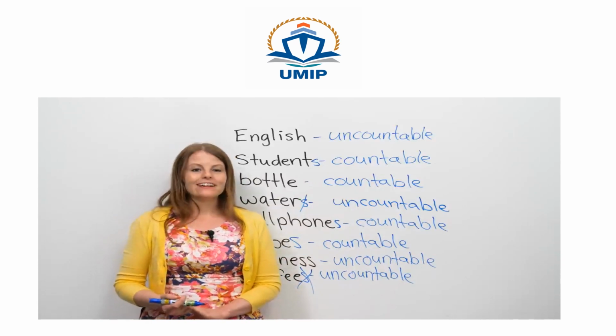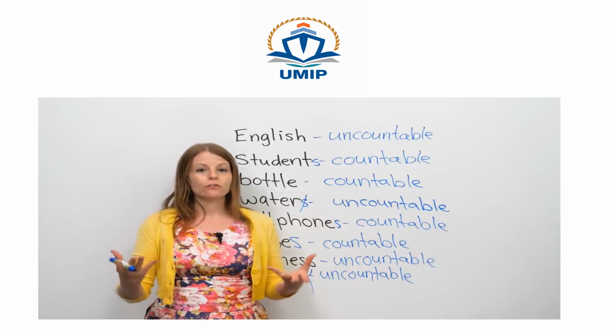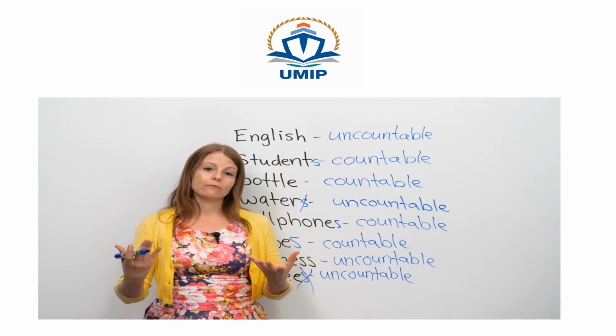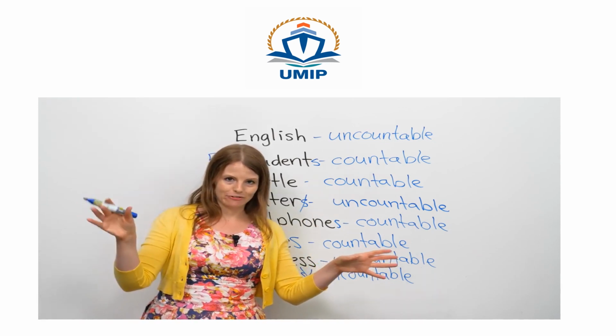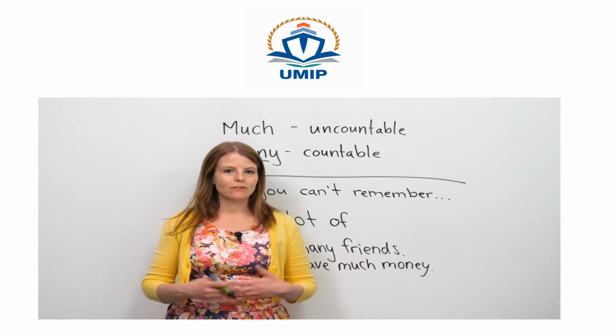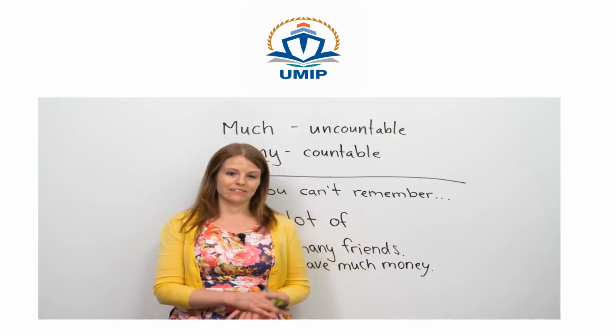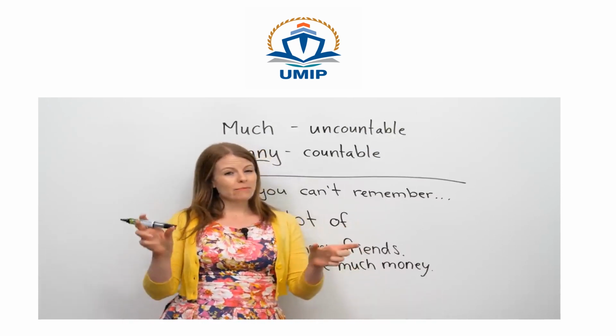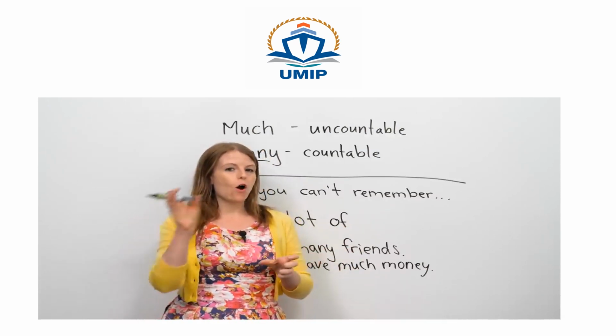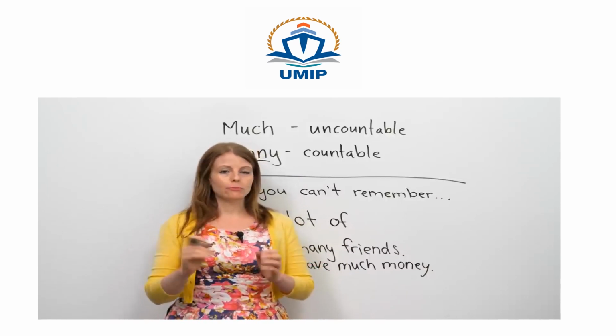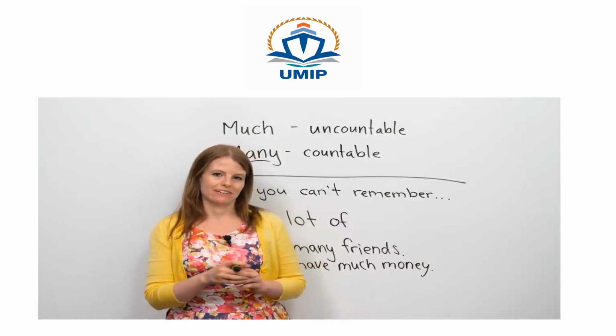Okay? So now let's look at a couple other words we use which are important when we're learning about countable and uncountable. Okay, so we've talked about countable and uncountable nouns. Now there are some words we use with only countable nouns, and other words we use only with uncountable nouns.